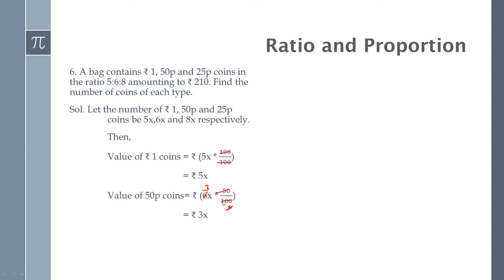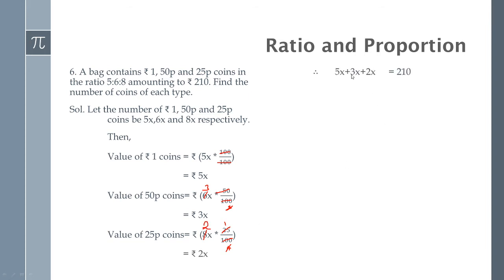That is nothing but 3x. In the same way, the value of 25 paisa coins is rupees 8x, that is 25 ones, 25 fours, again 4 ones, 4 twos. That is nothing but 2x.